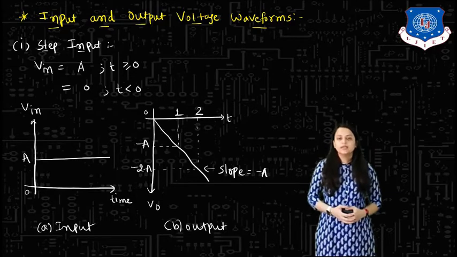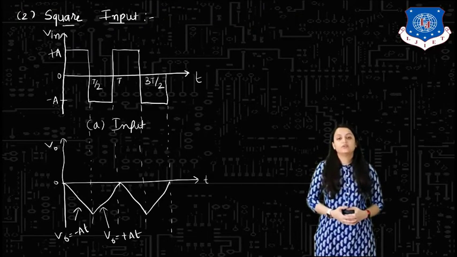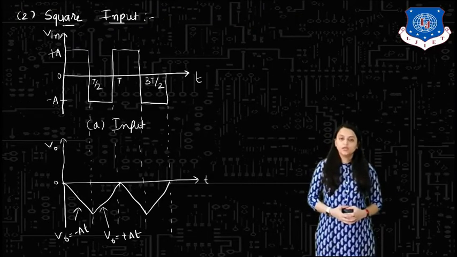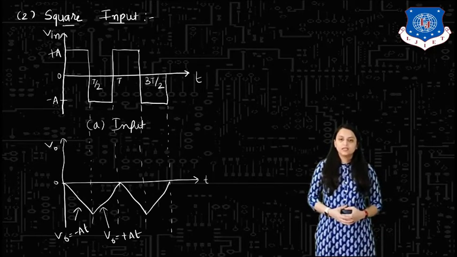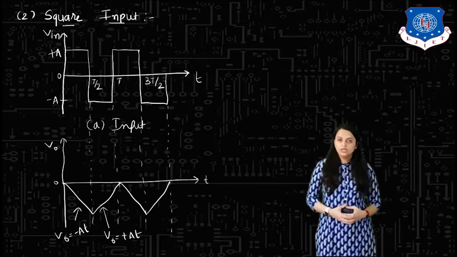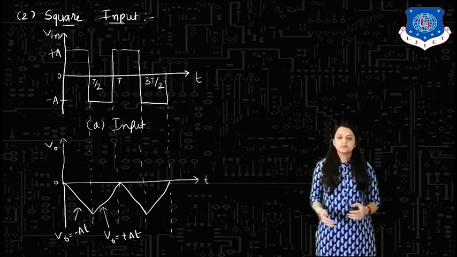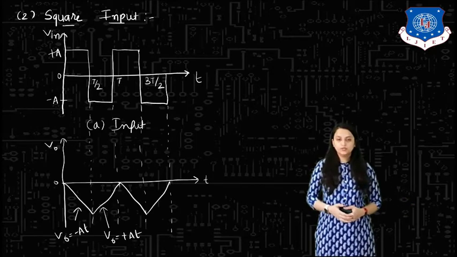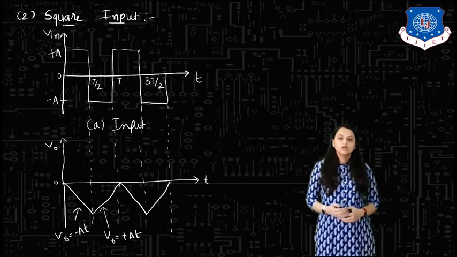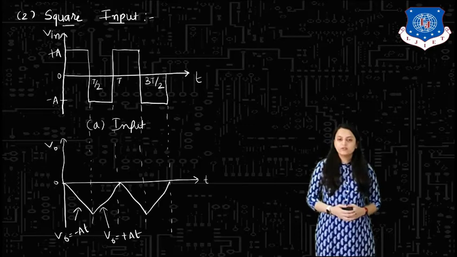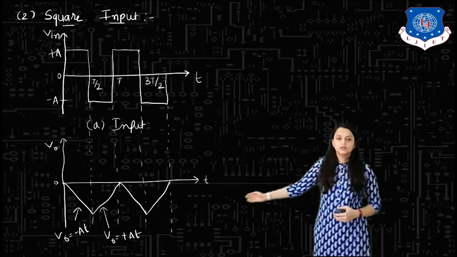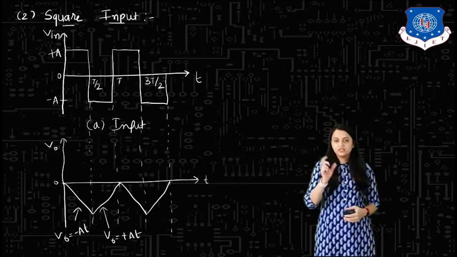Now, let us see the next one, that is square wave input. Here the input square wave is indicated. We have taken the interval 0 to T for one cycle period of the square wave input, and likewise with respect to time we are giving the square wave input. The output for the square wave input is given like this, that means the integration of each and every interval.